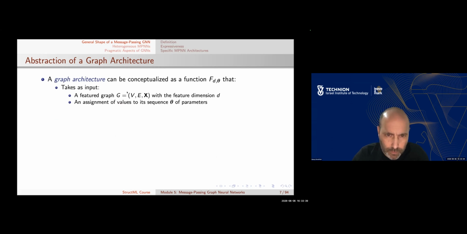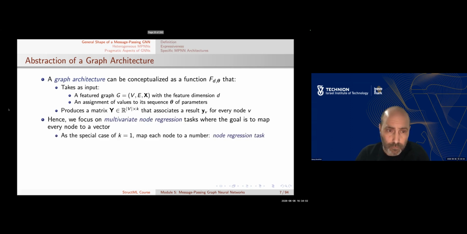Now we look at the graph architecture, a graph model with parameters, as a function f of theta, that takes as input a featured graph and the assignment to its sequence of parameters, and produces the result. The result is a representation, a vector of length k for every node in V. This means that we look at tasks of multivariate node regression, where we map every node to a vector.